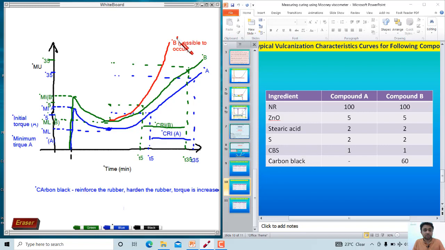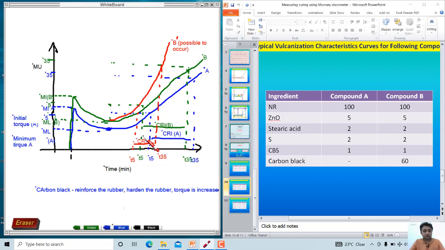I will plot it as B dash. So then see here T5, and here you will see T35.